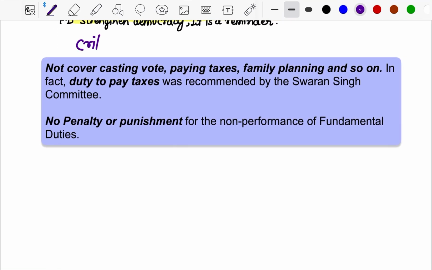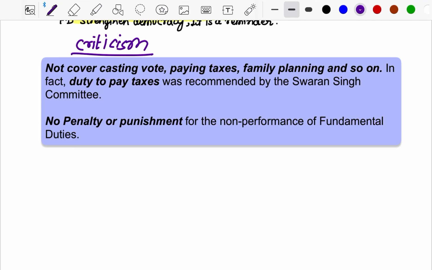Last thing is the criticism. What is the criticism? The criticism is that the fundamental duties do not include casting a vote, right? If anyone wants to cast a vote, they can do it. If they don't want to, they will not do it.